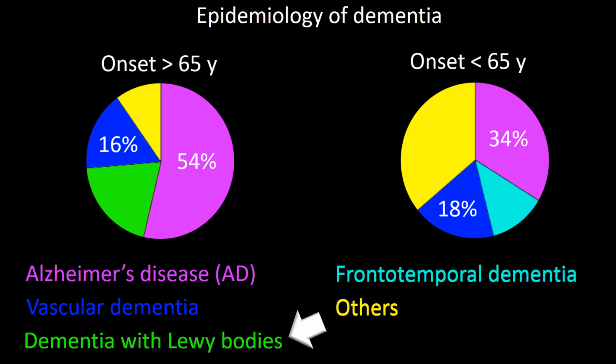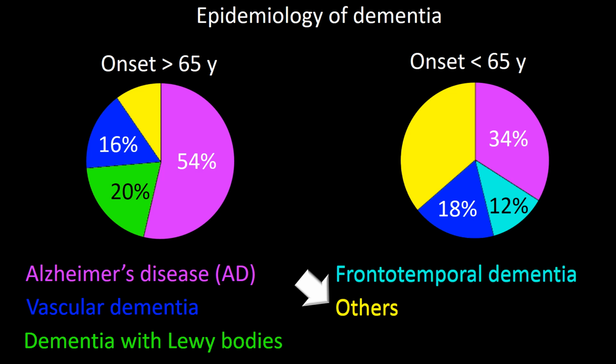Dementia with Lewy body represents, in the older group, 20% of the cases, where it lacks representation in the younger group. On the other hand, frontotemporal dementia in the younger group represents 12% of all the patients with dementia, but it is not significantly represented in the older group.